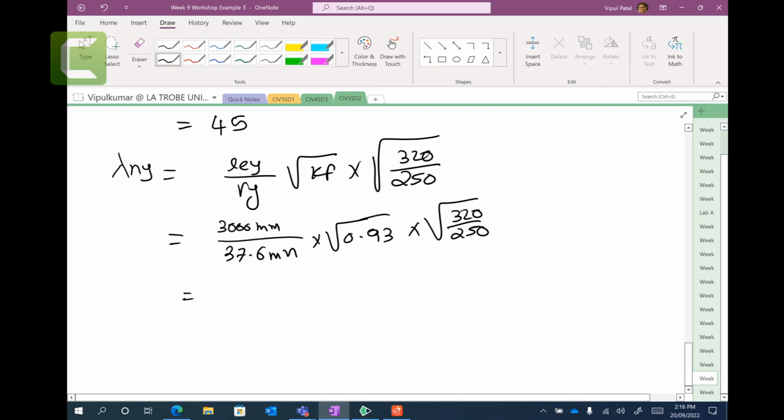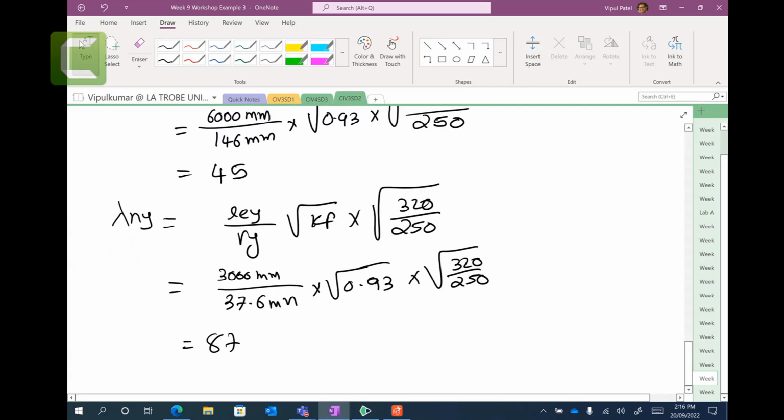You get 87. Now, which one do we choose, 45 or 87? Why? That's right. We choose the worst number. We don't want to design for something that is lower. The higher slenderness will give you a higher penalty. I know we don't like it, but this is how we need to make it safe.